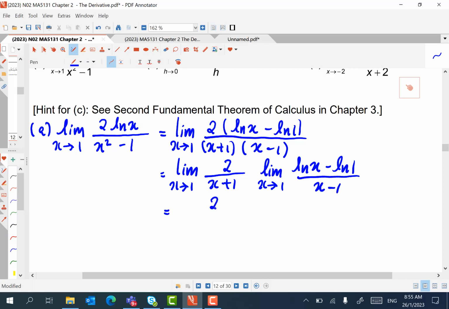This gives you 2 over, and this gives you the derivative of ln x evaluated at x equals 1.